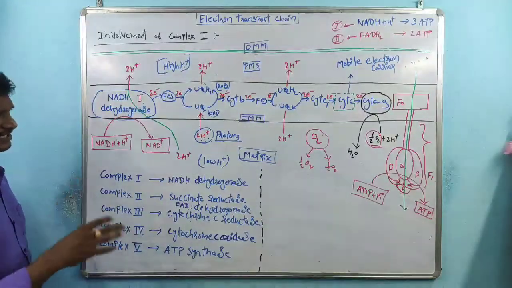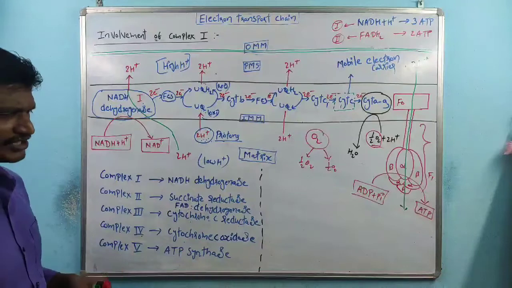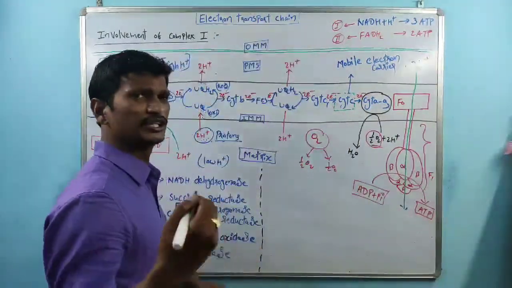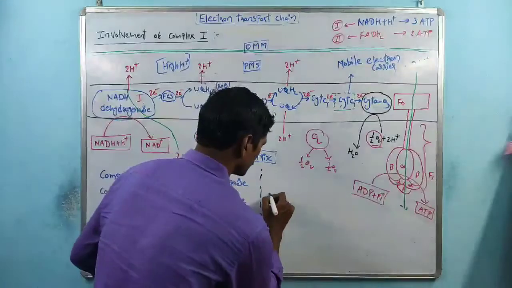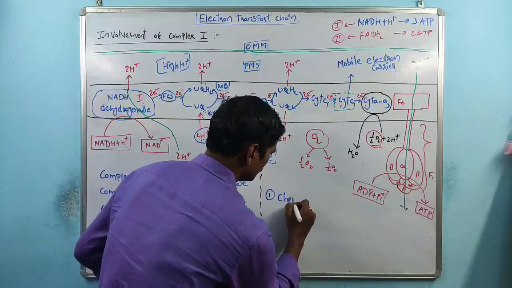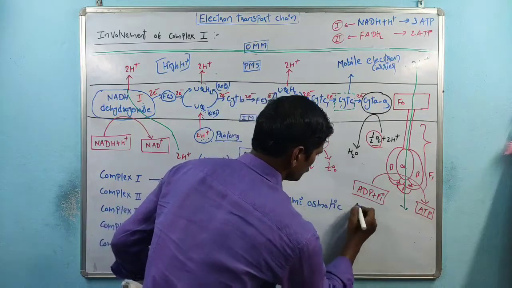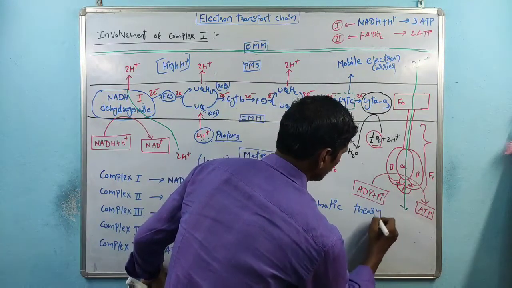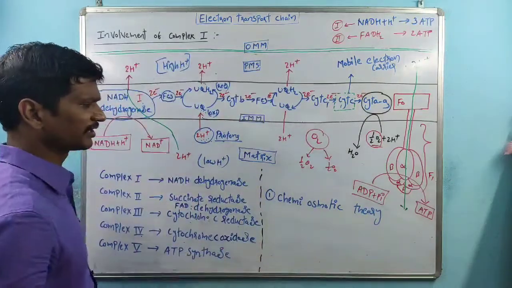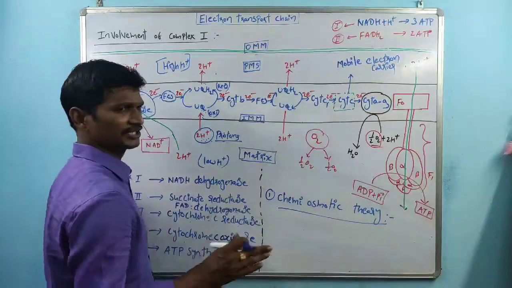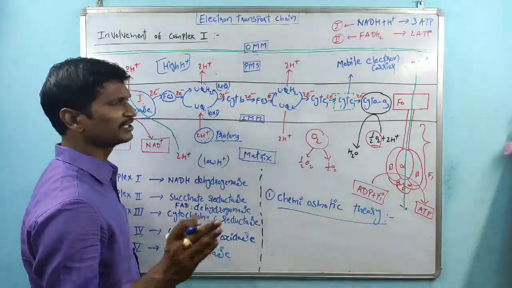All of you remember there are very important points for the synthesis of ATP. These are also called theories for ATP synthesis. The first one is called the chemiosmotic theory. Chemiosmotic theory indicates synthesis of ATP based on a proton gradient.